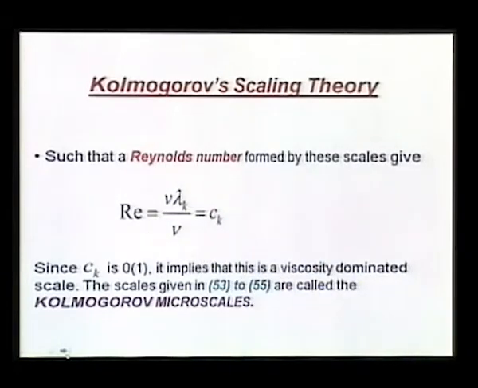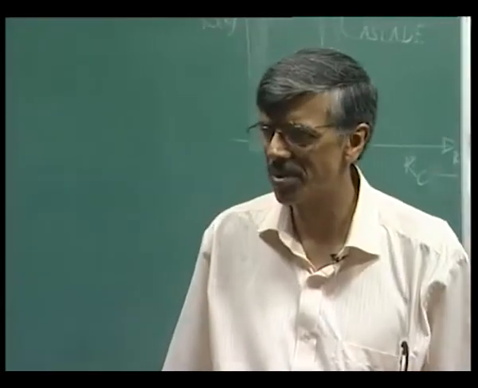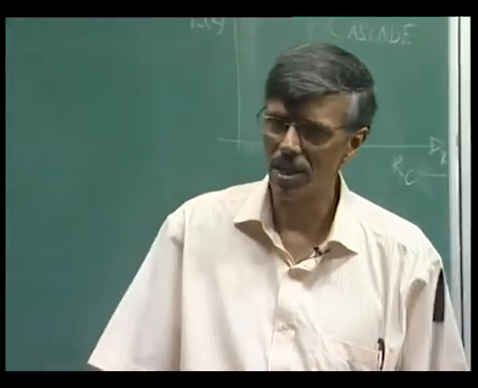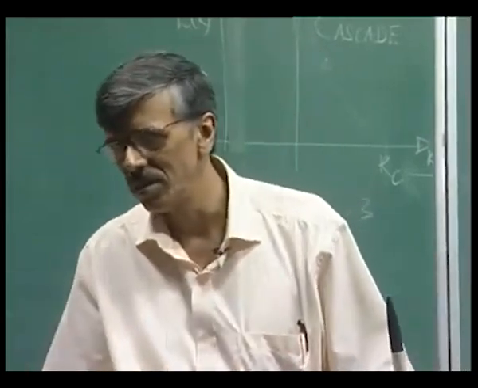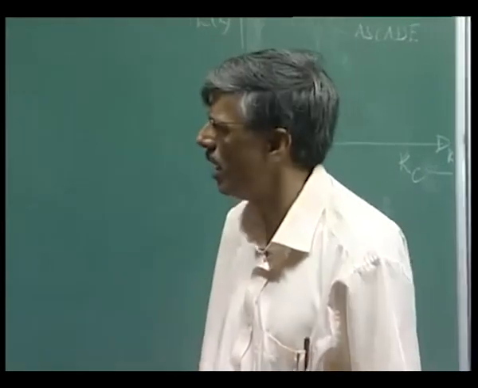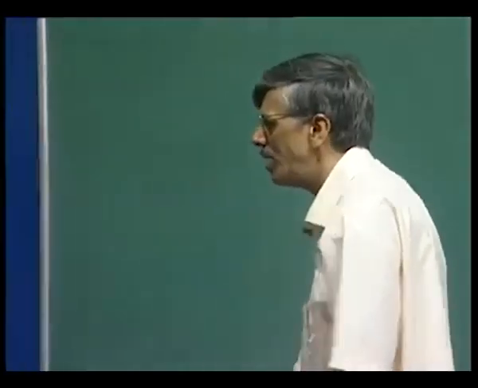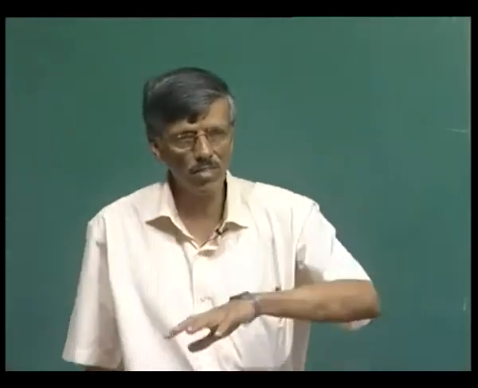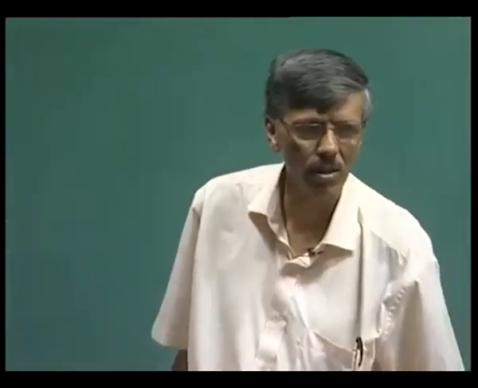What does it mean? Roughly speaking, we always estimate Reynolds number as a kind of relative weightage between the convection term vis-a-vis the viscous term. So if Reynolds number is 1, this is the scale at which the viscous terms are as important as the nonlinear term, right.